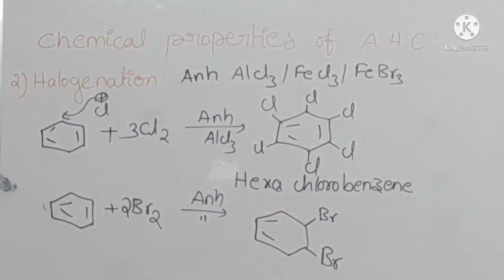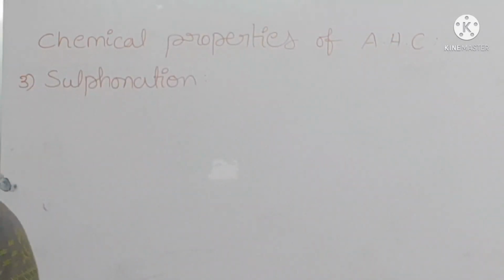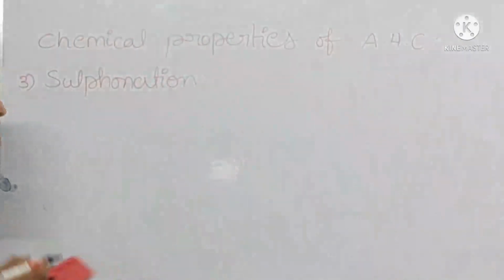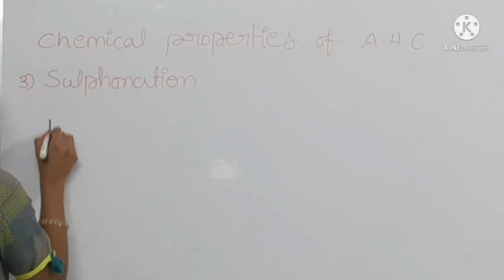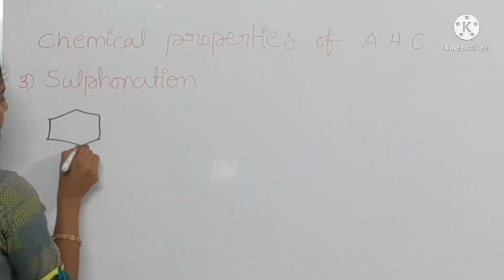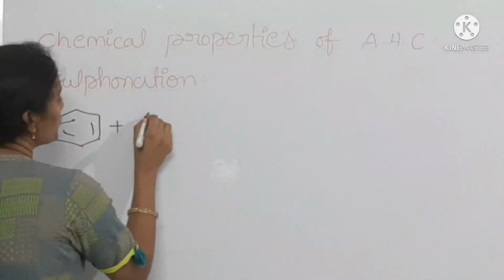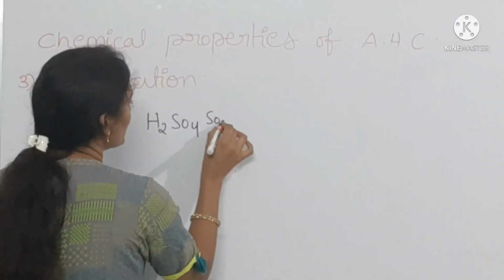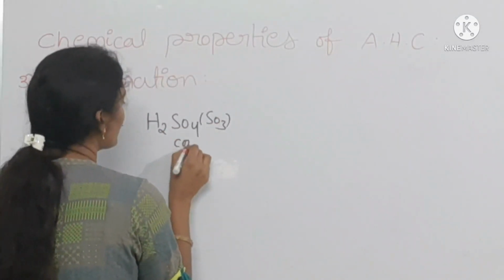Coming to the next one, sulfonation. Here in sulfonation, benzene reacts with fuming sulfuric acid. Fuming sulfuric acid is concentrated H2SO4 with SO3. This is the concentrated one.